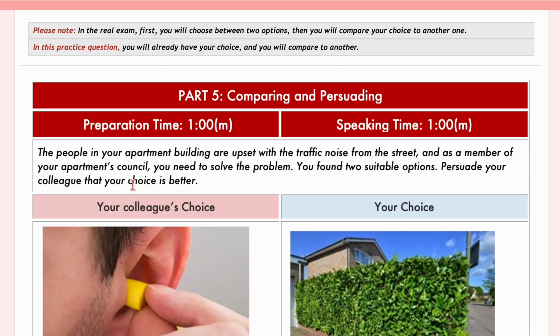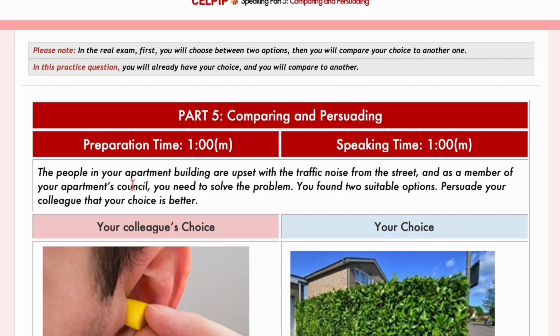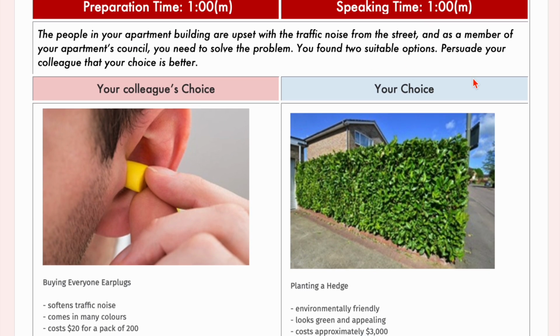Now, I do want to say that in our example here, we have already made our selection, and we've already gotten our colleague's choice. Okay? Because in the real exam, it's a little bit different. And let me show you.